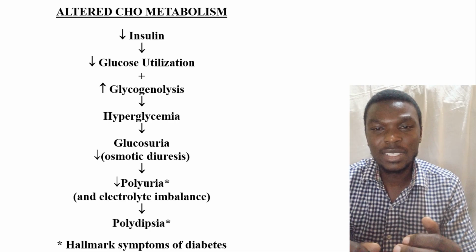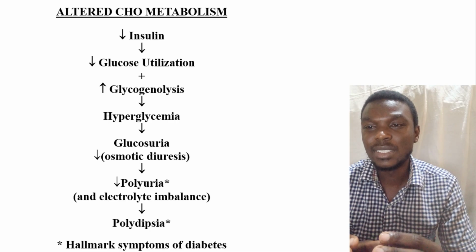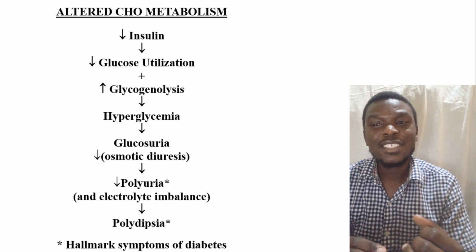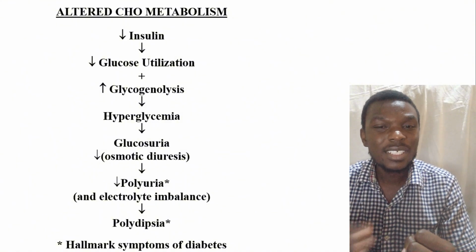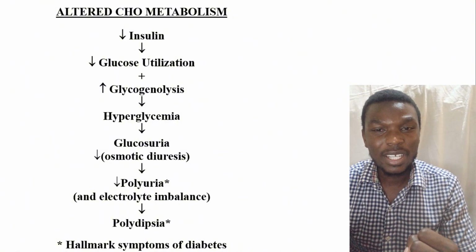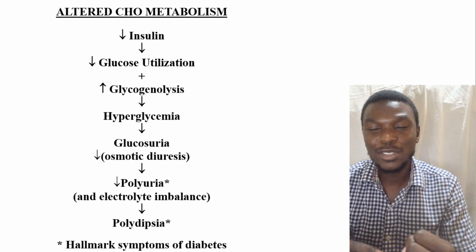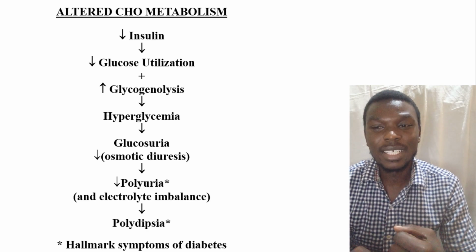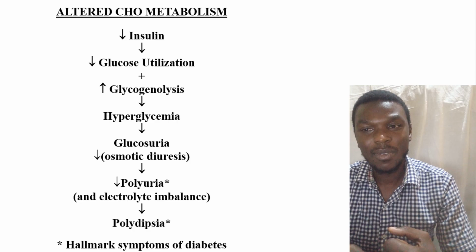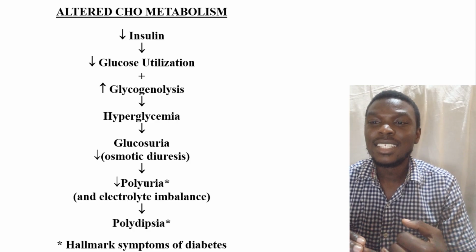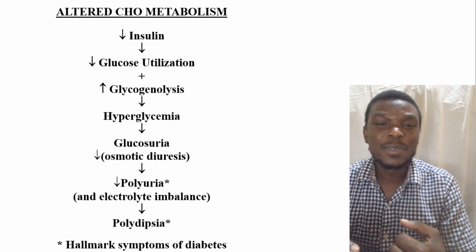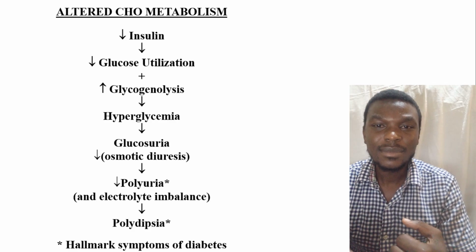We will see it when we discuss the signs and symptoms. Because they're urinating a lot, they are also excreting some electrolytes, so it will cause electrolyte imbalance, and this will also cause polydipsia.